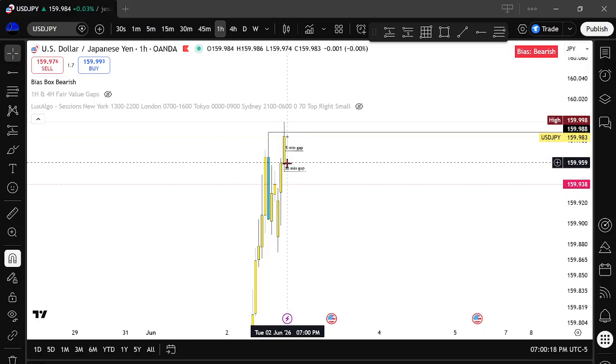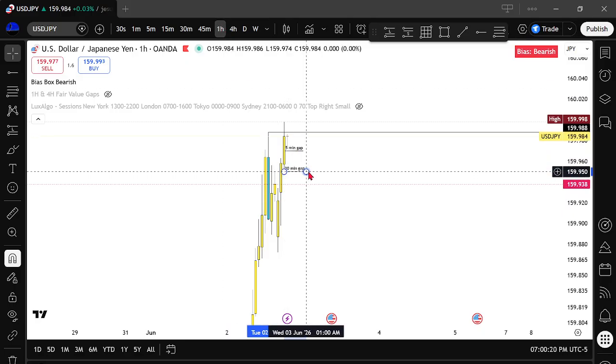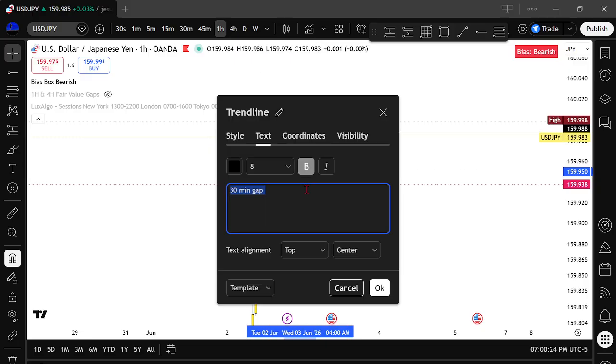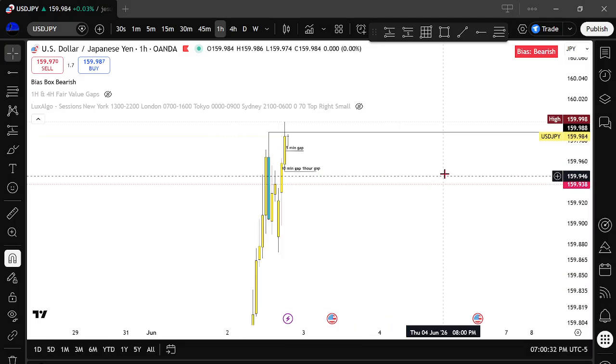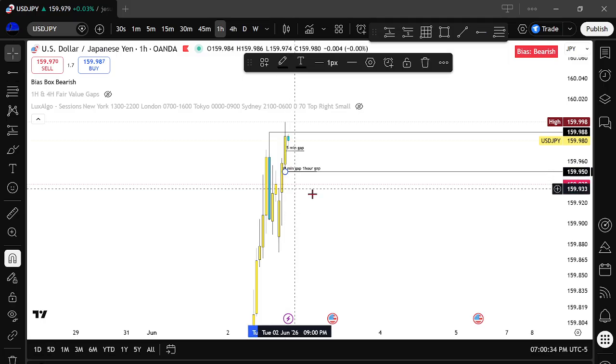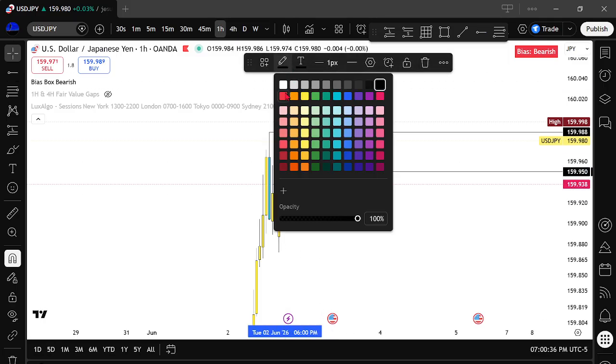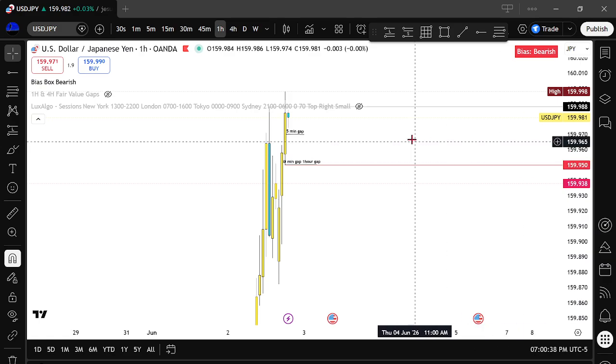Currently we have this 30-minute gap, hourly gap here. So preferably we can catch an entry before we get down to this gap here. Yeah, because right now I think that's my main draw there.